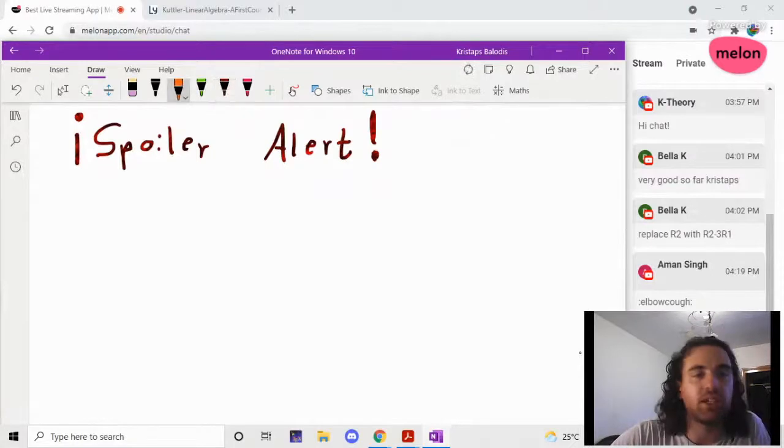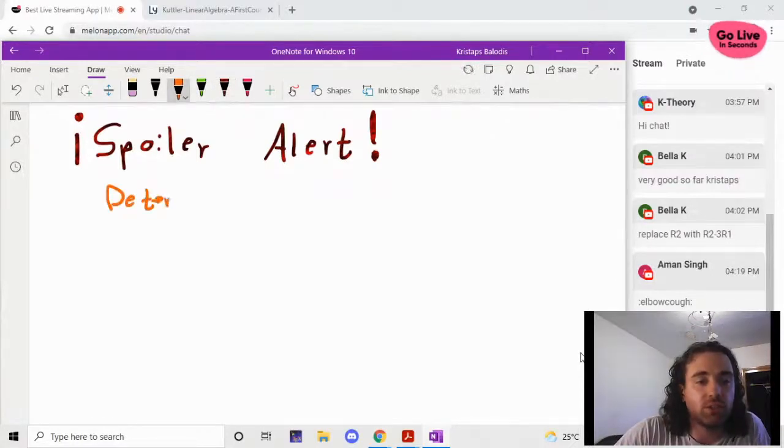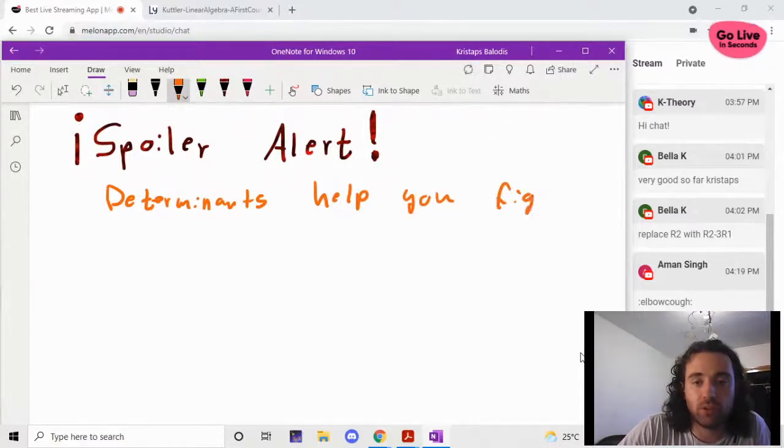Well, I think it's neat about determinants, and that is determinants help you figure out if inverses exist.